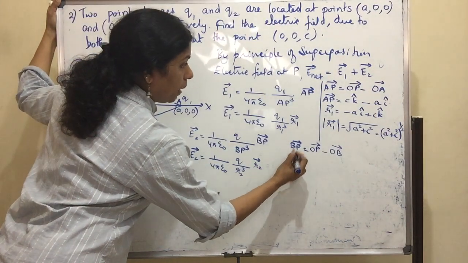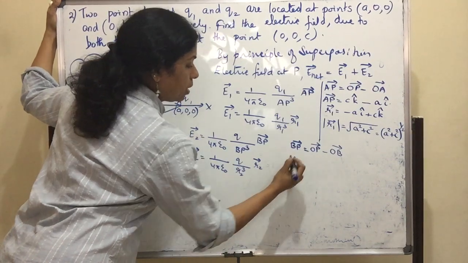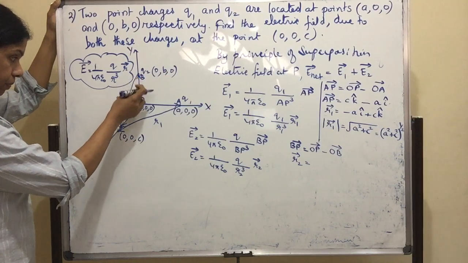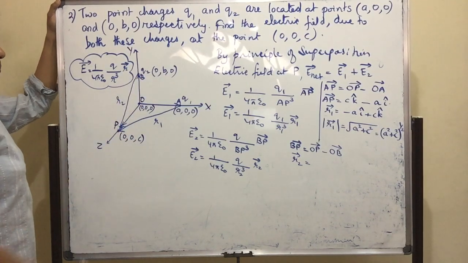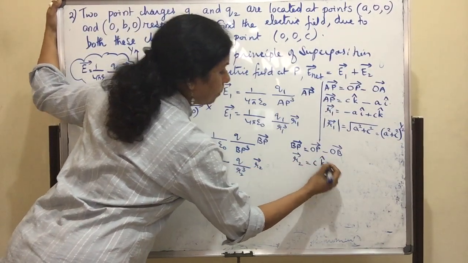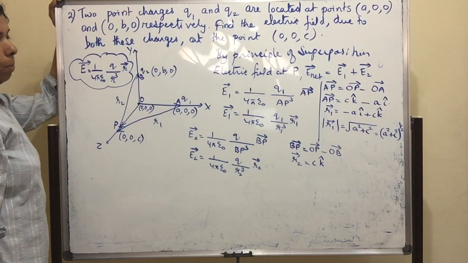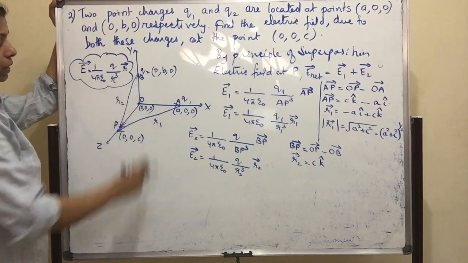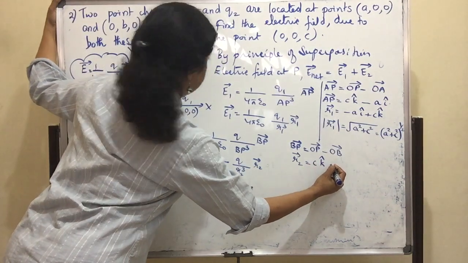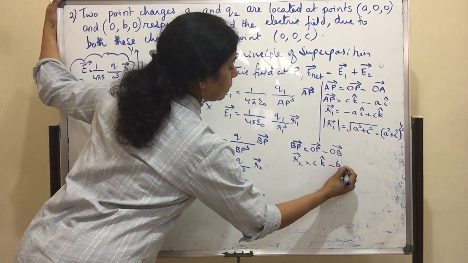Therefore BP, which I named as R2, that distance, R2 vector. What is OP vector? Already we have written, that is C k cap. Okay. What about OB vector? OB vector is minus B j cap.